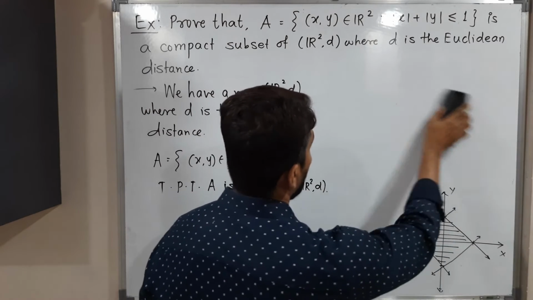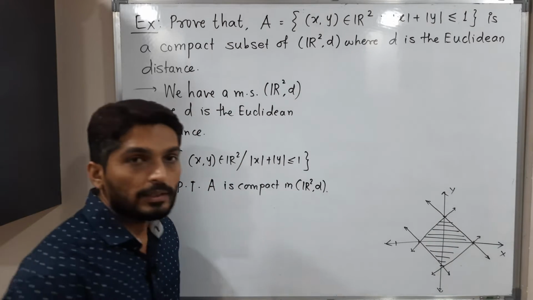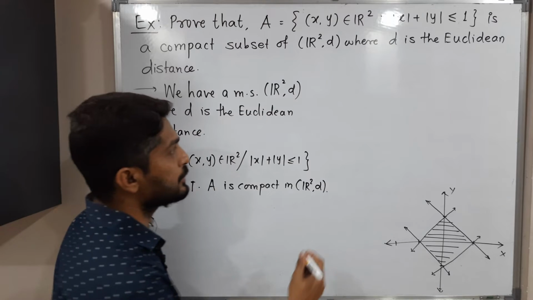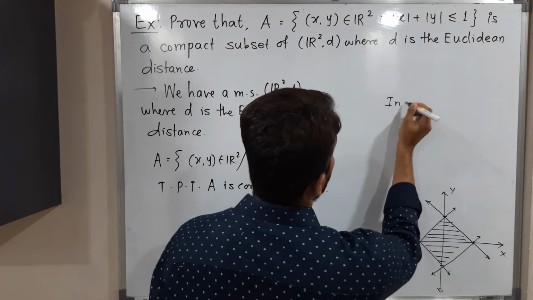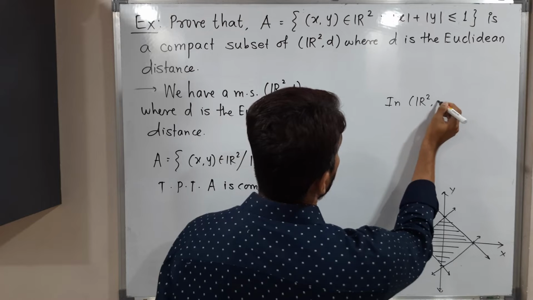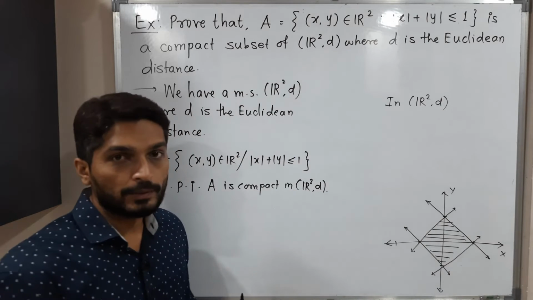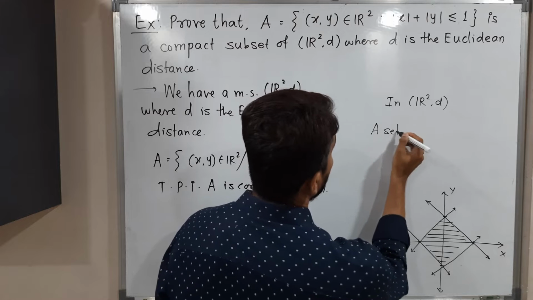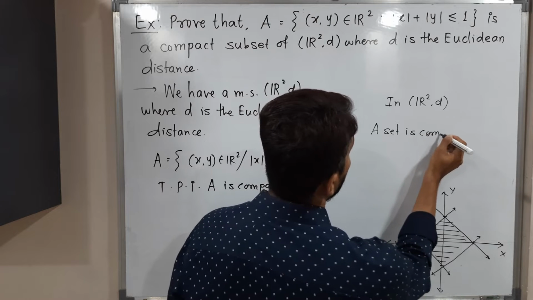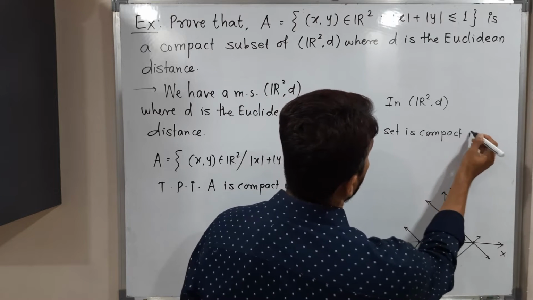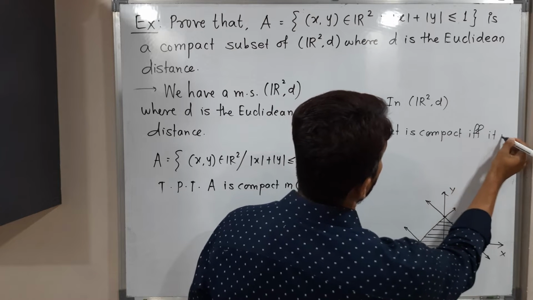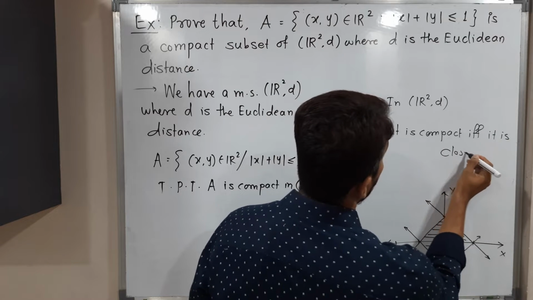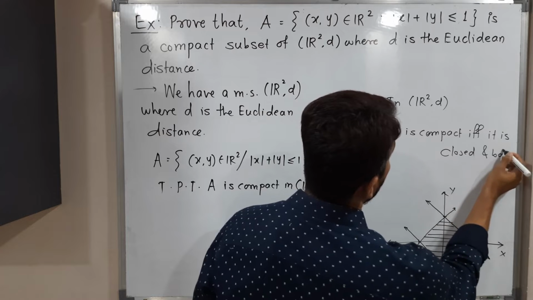One result we have already seen, in (R², d). That result is specially for Euclidean space: a set is compact if and only if it is closed and bounded.